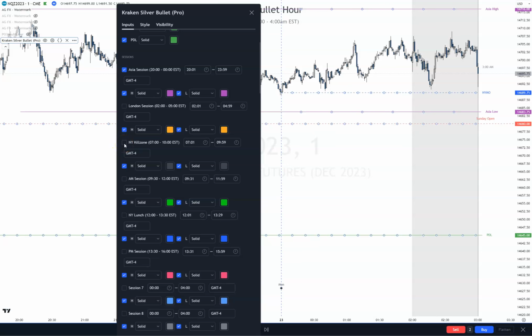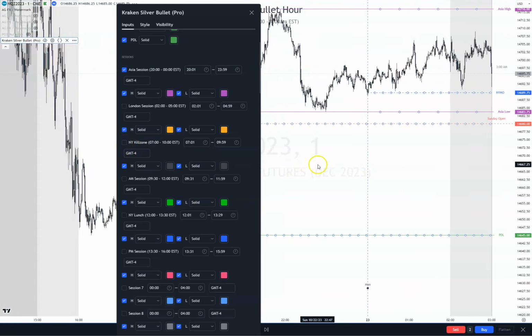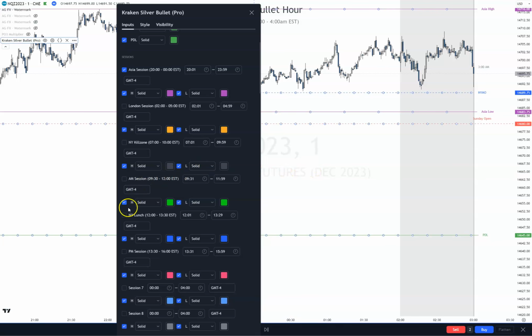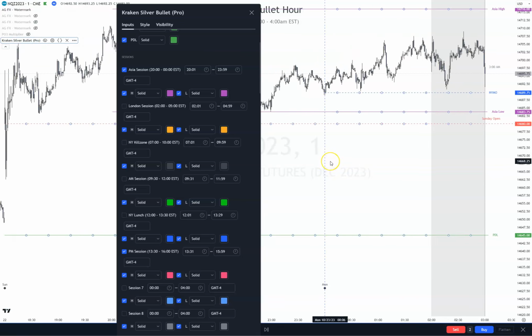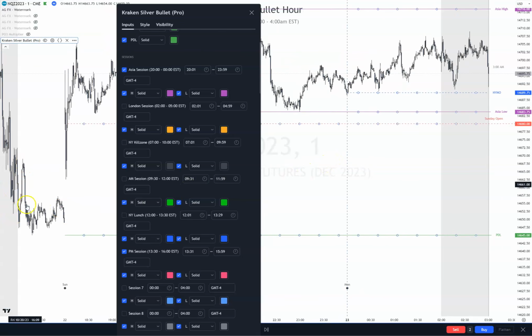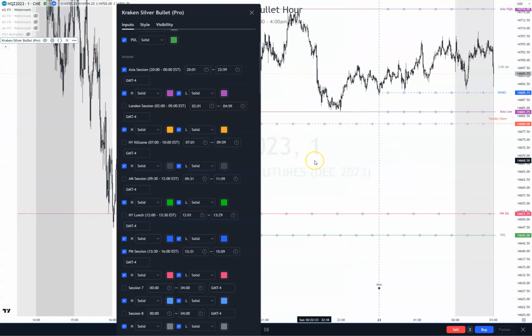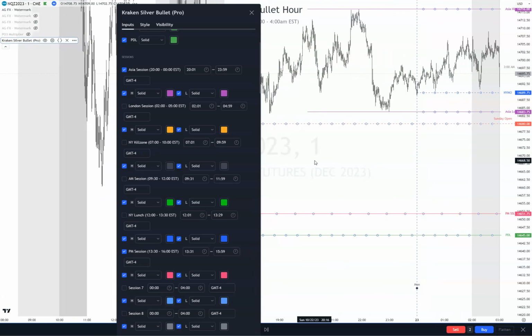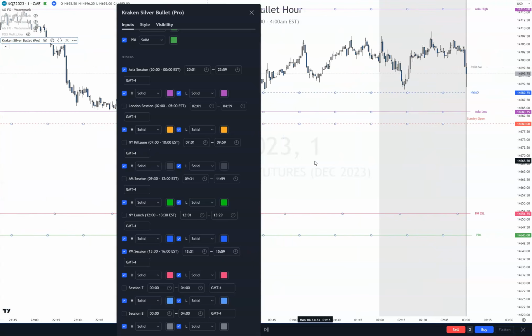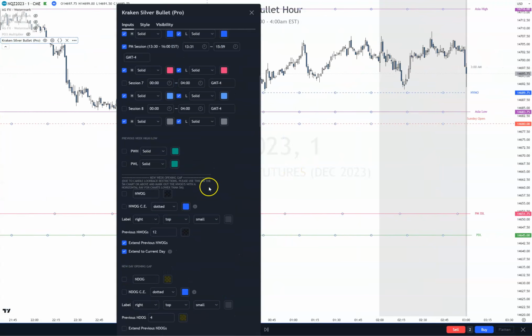The Killzone is way higher, so we won't bother. The PM session, I know that hasn't been taken out from last week yet, so let's put the PM session there. Here's your previous day low right there, so there are the good targets. We have the Asia high there, and if we want to go higher, we can.